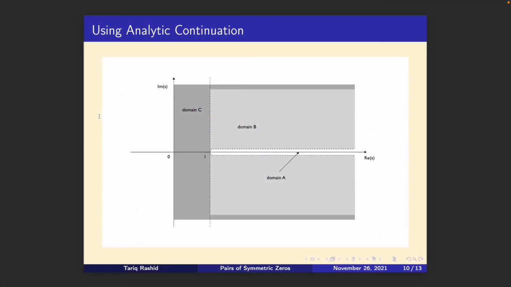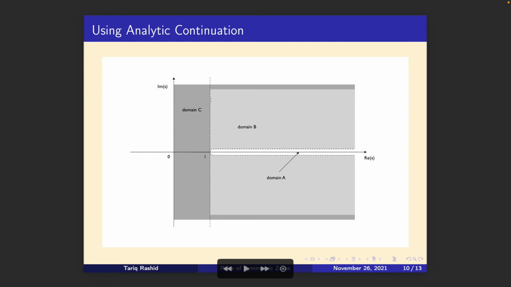So this is a neater diagram just showing that. The initial domain was this real line greater than 1, a sufficiently large domain, which we can extend into domain B, which is the half complex plane with sigma greater than 1.